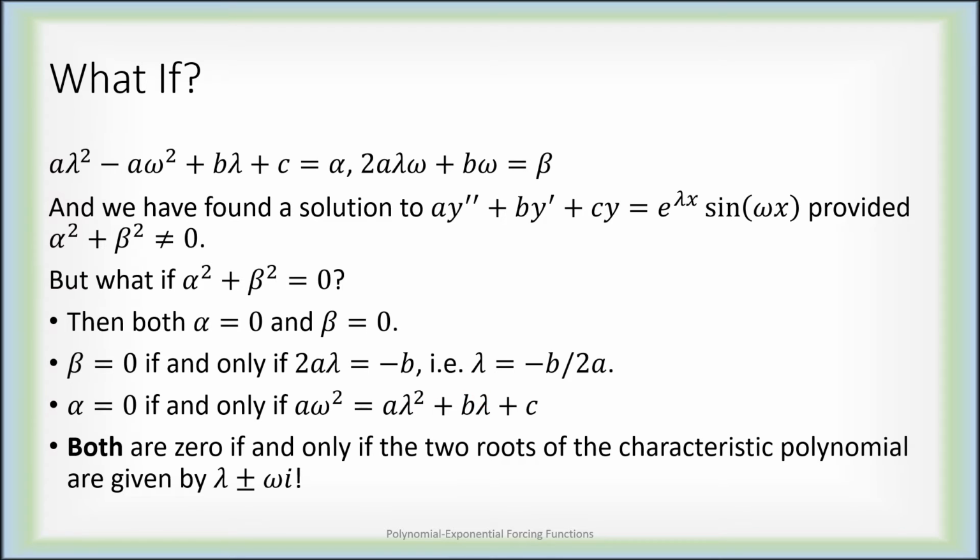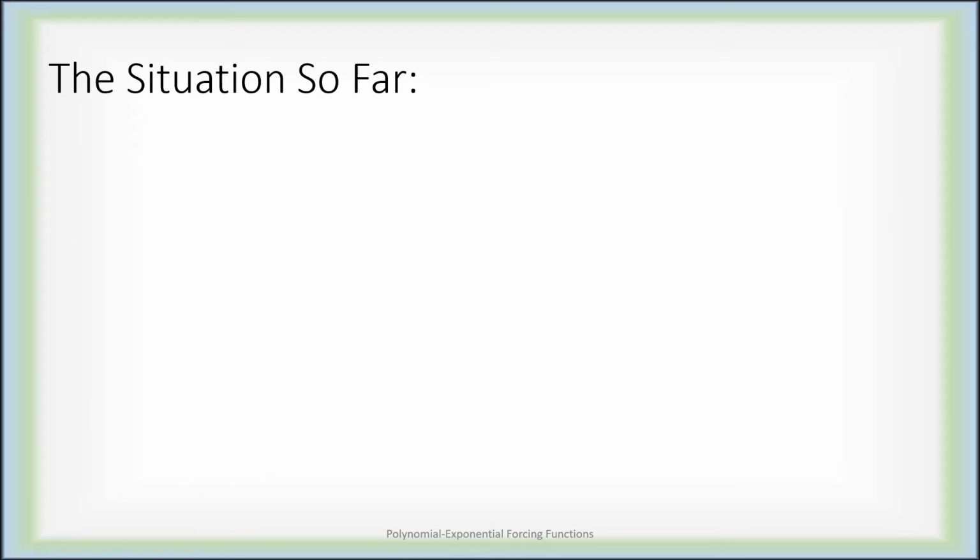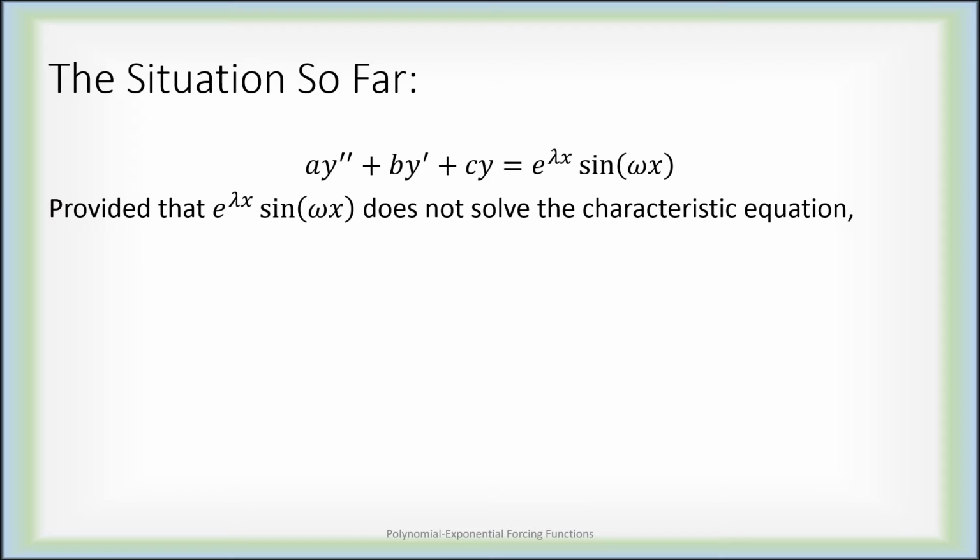We're kind of glossing over the work. However, the characteristic polynomial, which is right here, is exactly going to have roots lambda plus or minus omega i. So what's the situation so far? We have a second order linear differential equation with constant coefficients, and we want to produce a very specific forcing function, e to the lambda x sine of omega x.